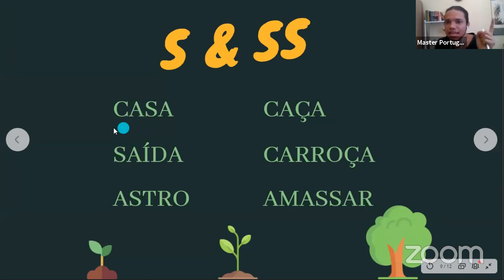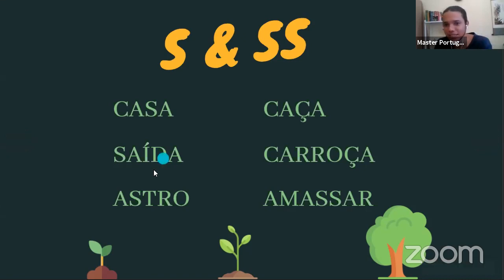Casa. Every time the S is in the beginning of a word, it's pronounced with the sound of S. Saída. Every time that you have double S, it's pronounced with the S sound.